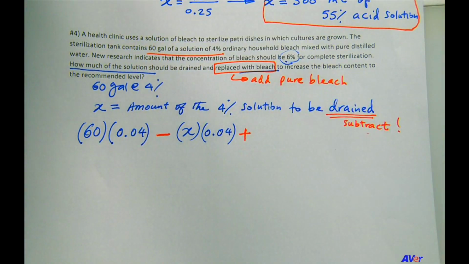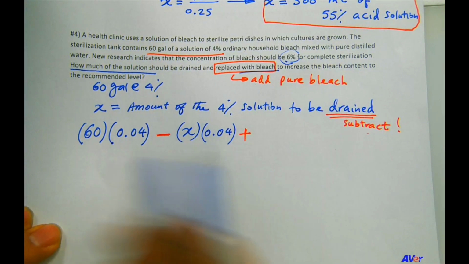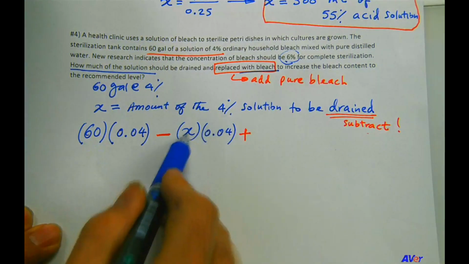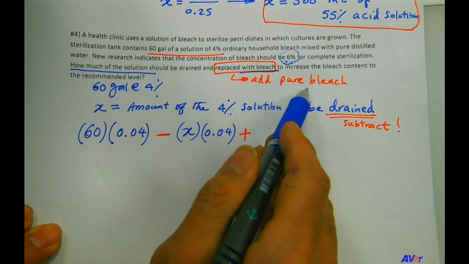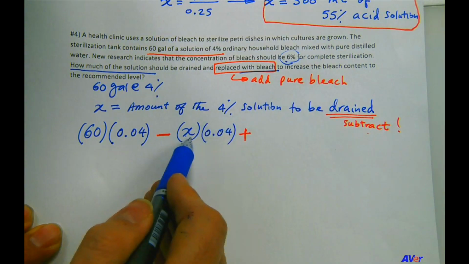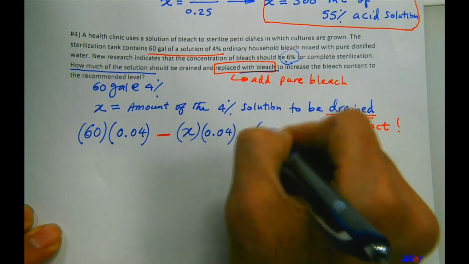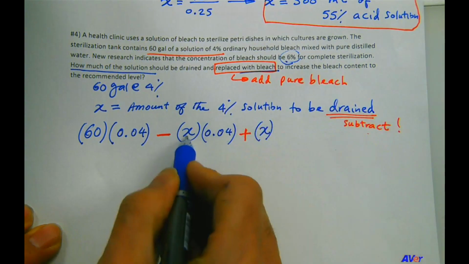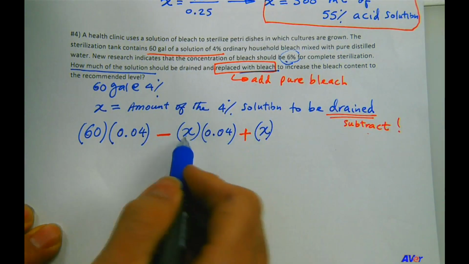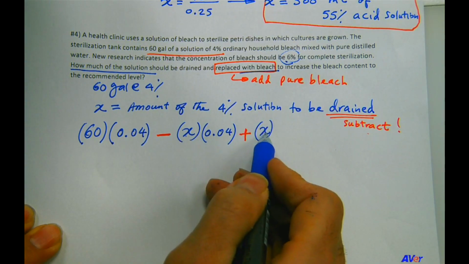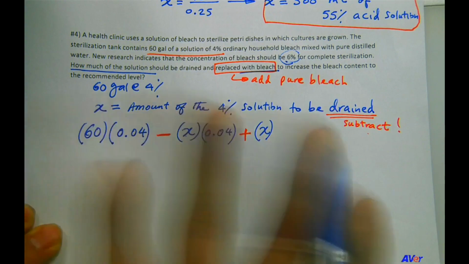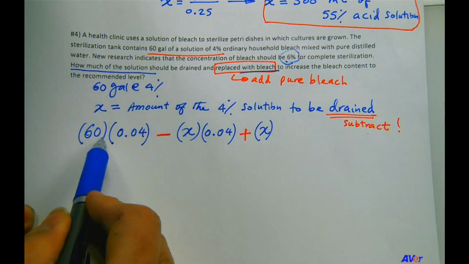Well, the whole thing should add up to 60 gallons. So how much you drain should be equal to the amount of pure bleach that you add, which is X. So plus X, that same amount. Let's say 10 milliliters you drain, then 10 milliliters you should add, because in the end you want to end up with 60 gallons.